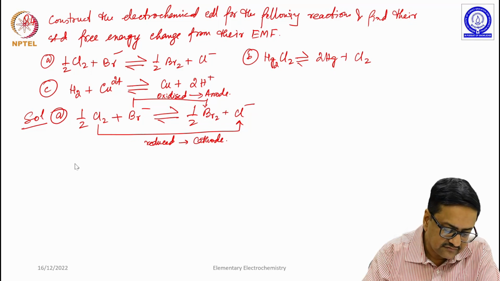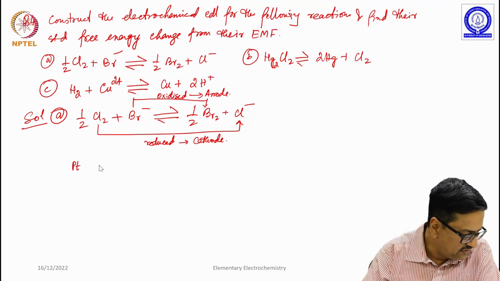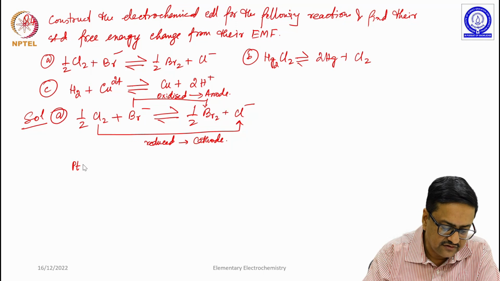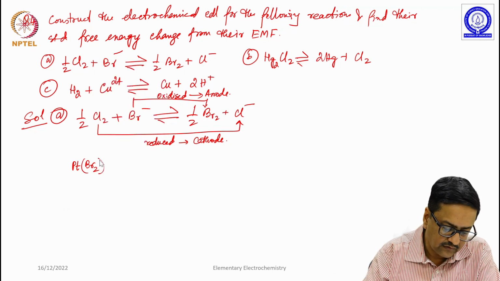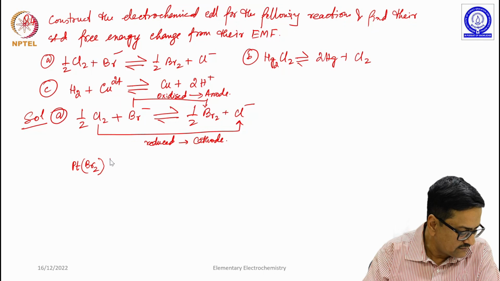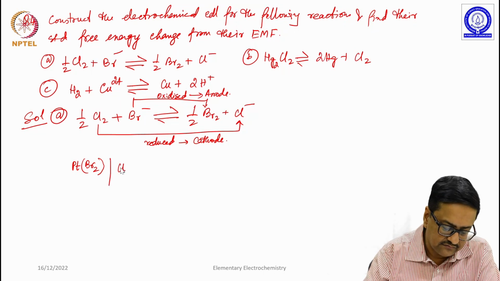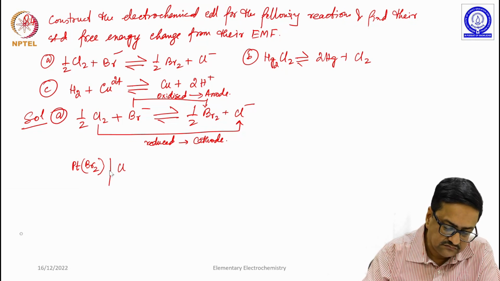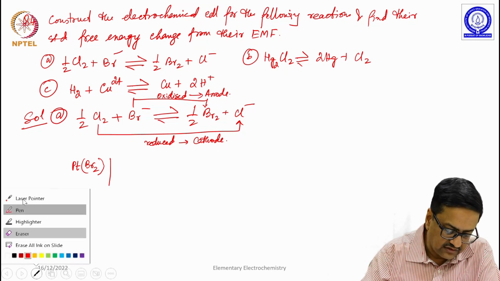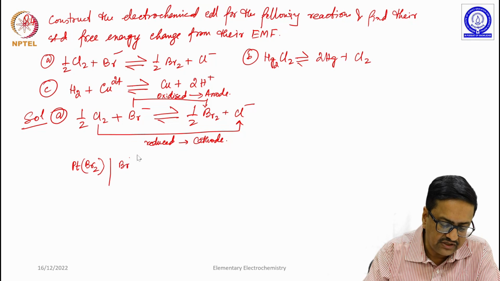So what we write is platinum is in equilibrium with bromine gas, and the solution contains Br minus in aqueous medium.